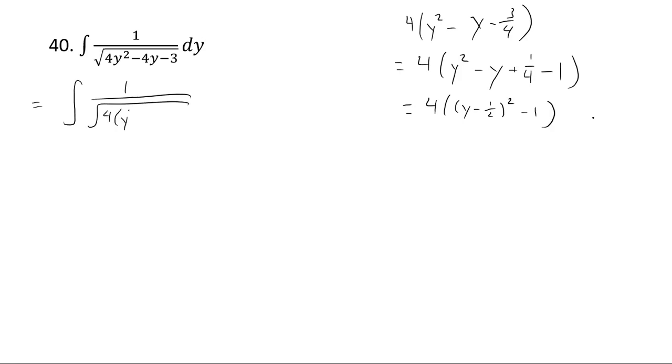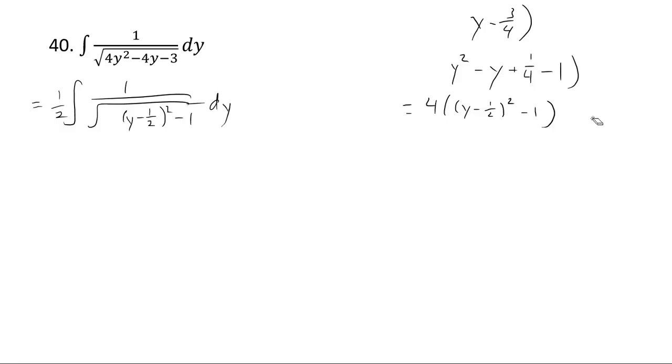We can write this as root 4 times the root of the other stuff, so we can bring this out as a 2 on the bottom, just to make it a little nicer. Okay, so now we have this. Oh, don't forget my dy.